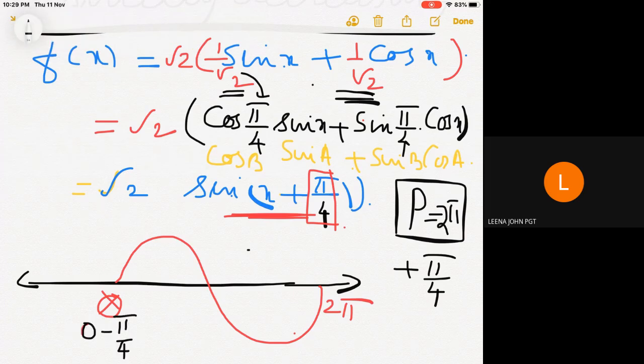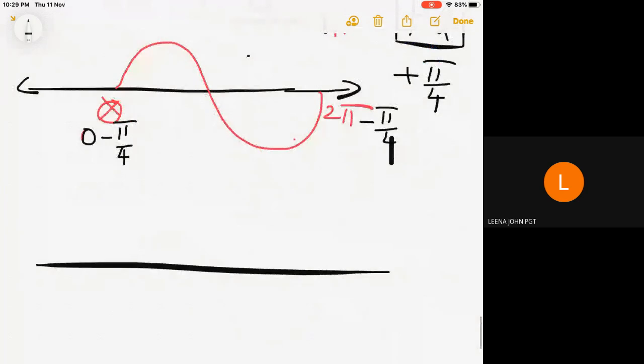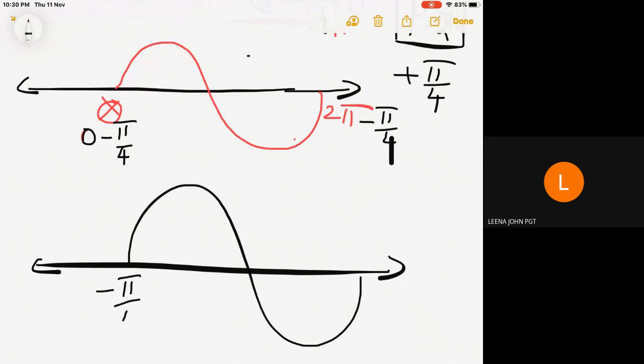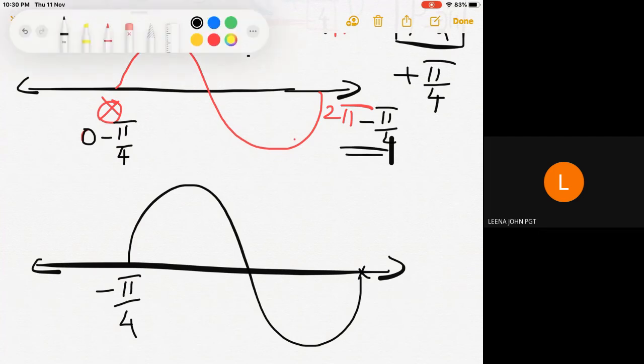We are shifting to this side. So this will be the curve. You can see here it is minus pi by 4 and here it is 2 pi minus pi by 4, which is 7 pi by 4.